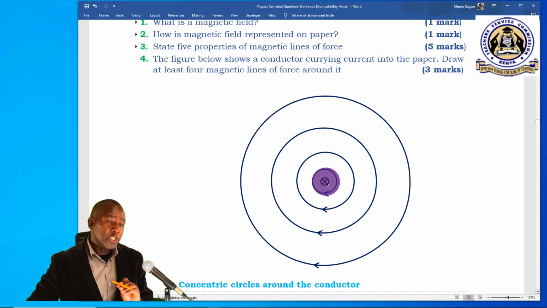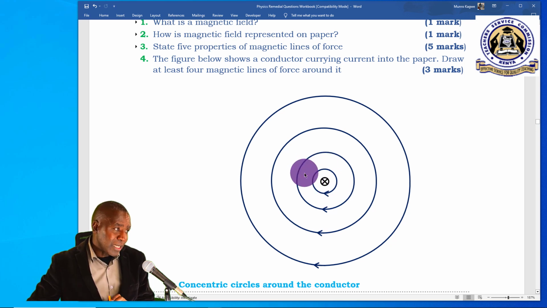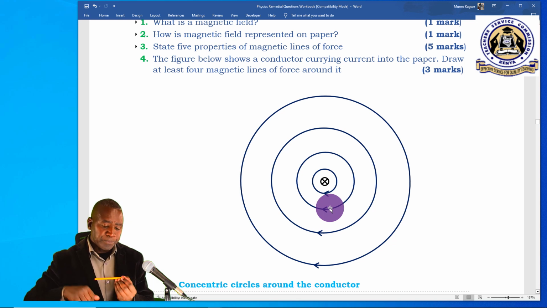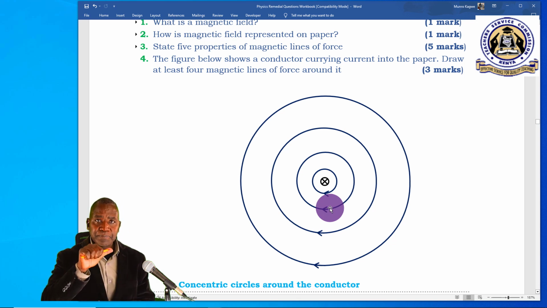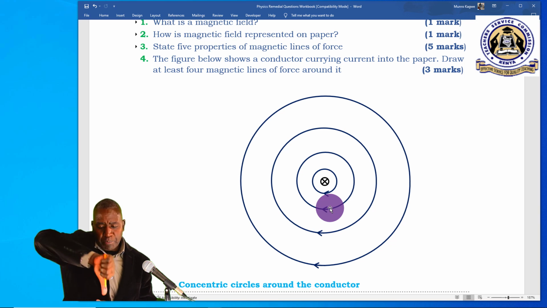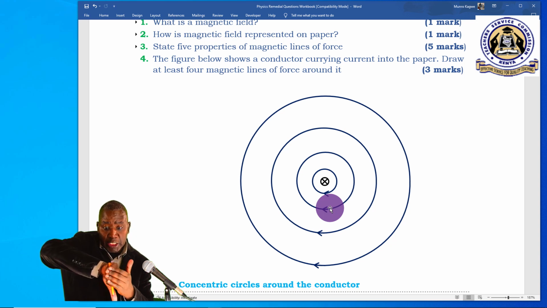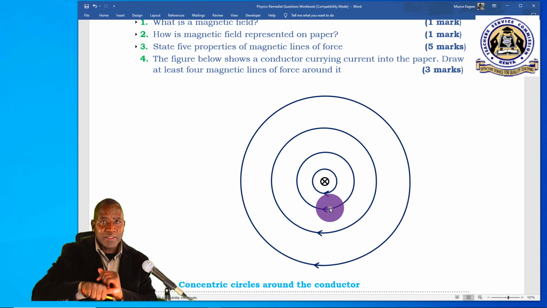Current is moving into the paper, so it's represented with an X. This is the first magnetic field line, the second, the third. Point number 1 is the direction in which those arrows point. So I'm going to grip it like that, and point into the paper like that. You'll be able to see that when the thumb points into the paper, the magnetic field is clockwise.